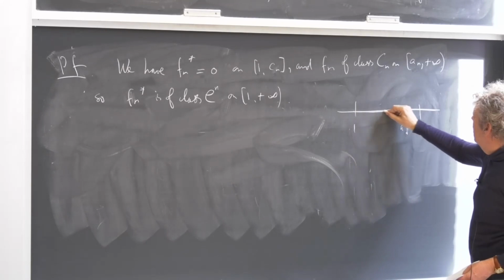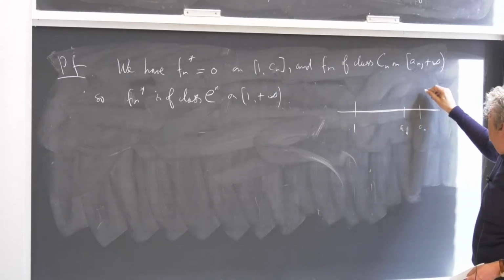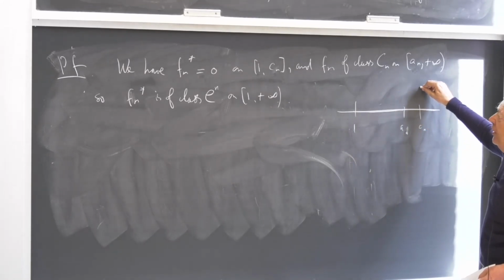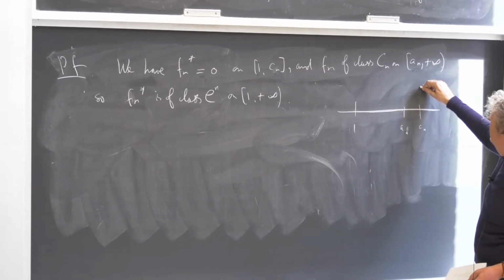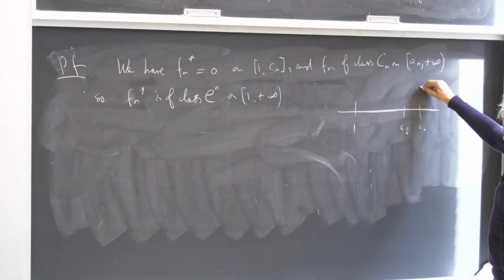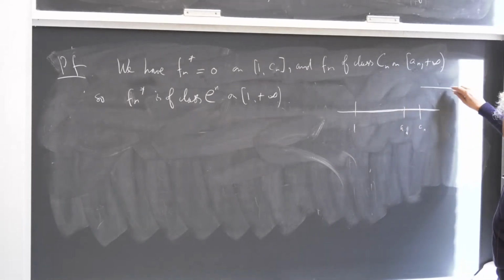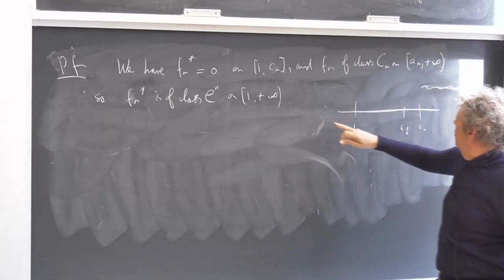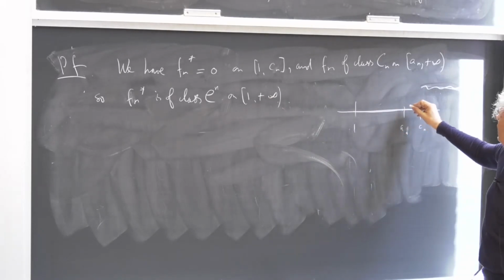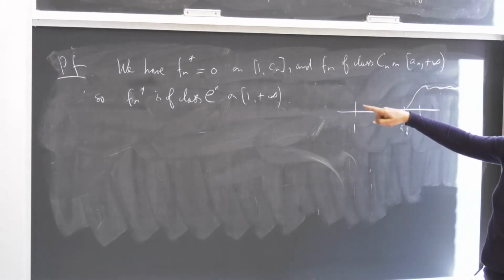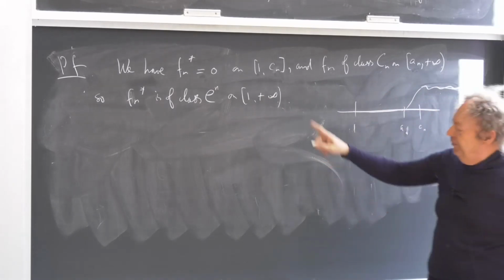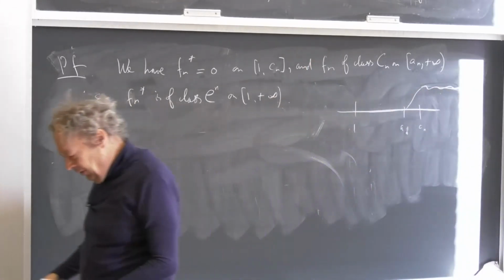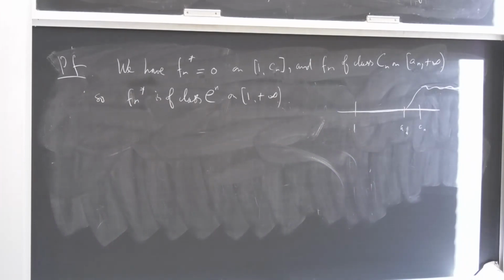Here fn star is just 0. Here it is just fn, which is known to be of class Cn, and in between it is fn multiplied by this alpha n function, which is C infinity.